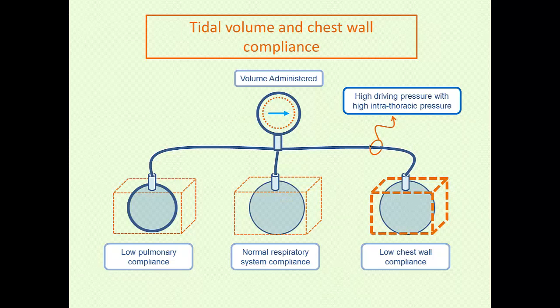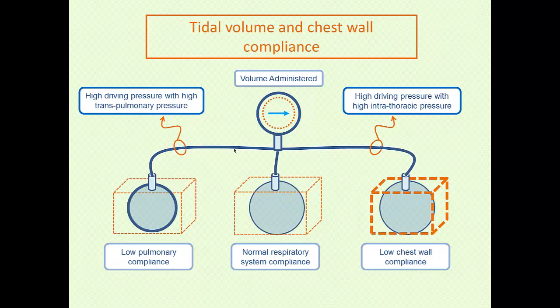The pressure that's being driven into here is going to be much higher to achieve this volume, but it's because of the stiff box. In this situation, the driving pressure is going to be equally high. All right, this machine's going to have to work overdrive to push volume into here, but the intrathoracic pressure is actually going to increase minimally. The transpulmonary pressure and the plateau pressure will go way up, but that's because of the stiff lung, whereas this is going to have a normal driving pressure.